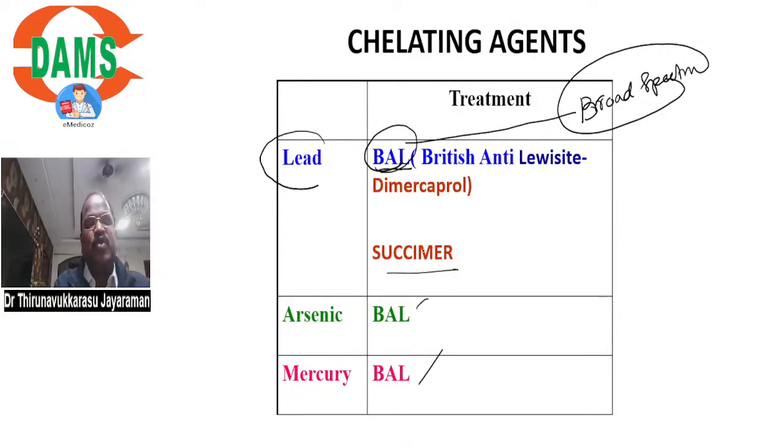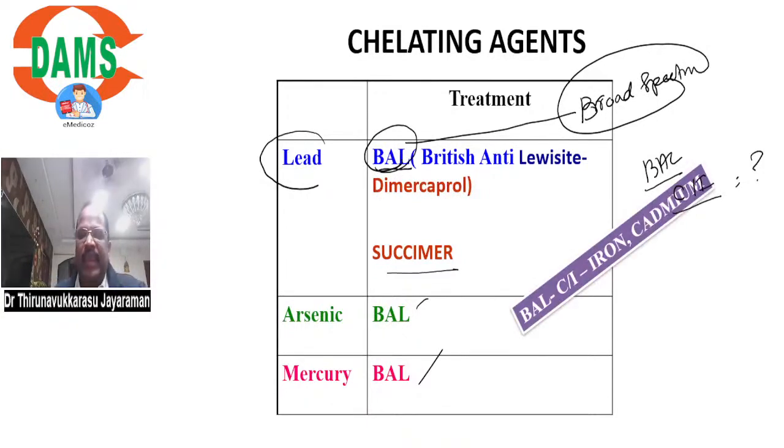Even succimer is also useful for lead poisoning. But one question to all people, my last question, can you please answer? British anti-lewisite is useful for so many metal poisonings, but you have to tell me: BAL is contraindicated for treatment of which heavy metal poisoning?